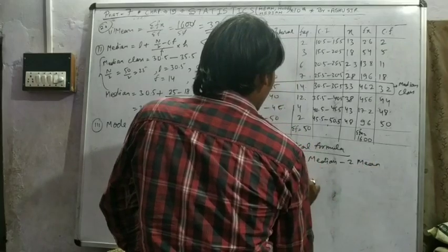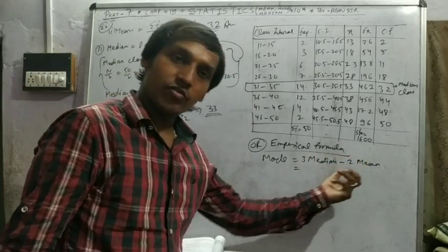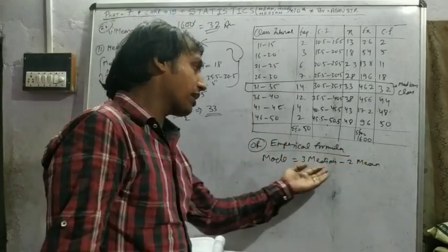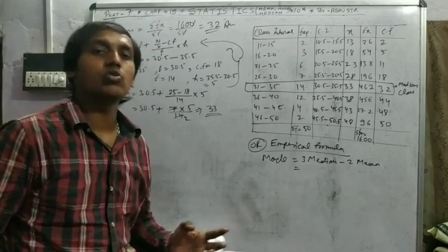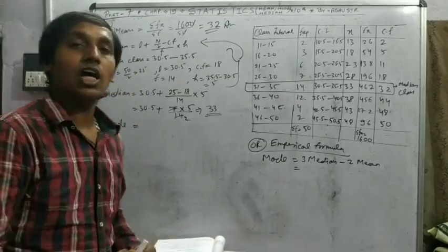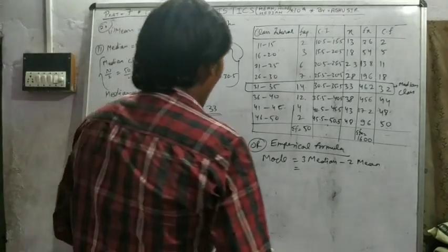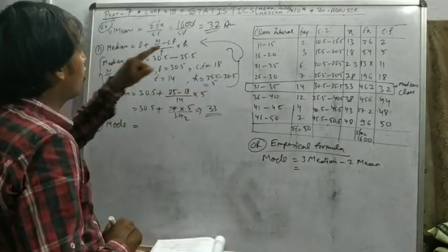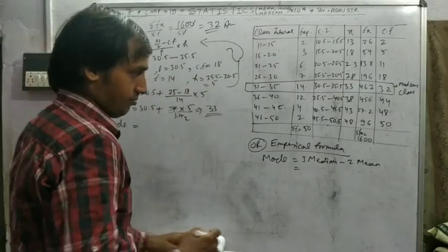If any two values are given out of these three measures of central tendency, you can find the other. Here we already found two values, mean 32 and median 33.